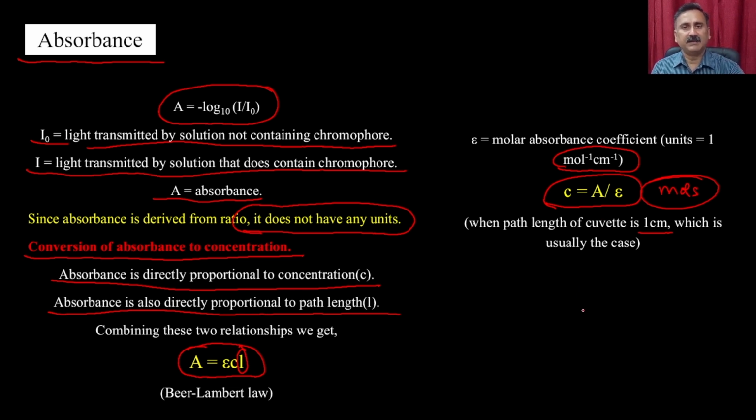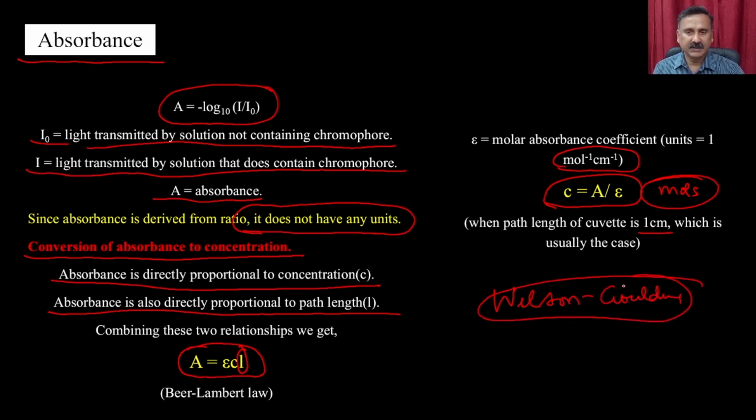That is called the deviation from the Beer-Lambert law, and you can study it from any classical biochemistry or biophysics book, like Wilson and Goulding. It is helpful to understand under what conditions the law will not be applicable, and where we should be a little more careful.